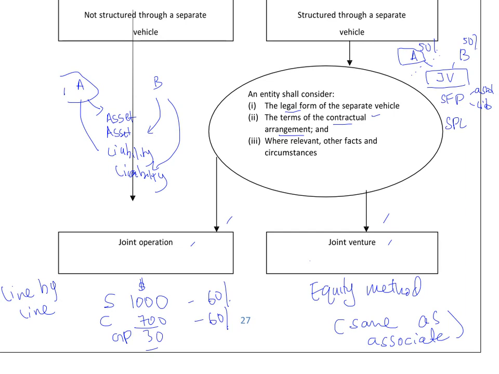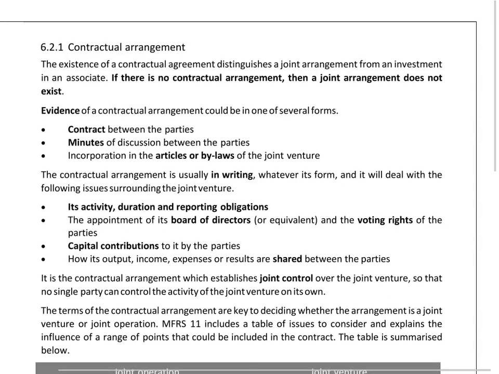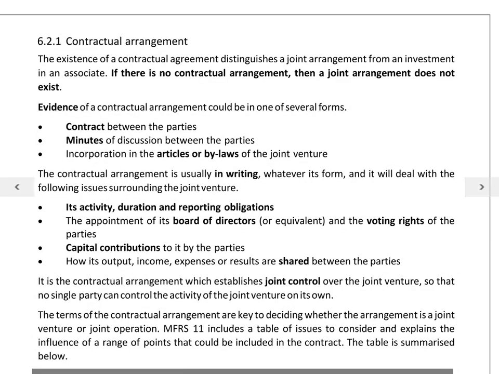Any question? 6.21, you can read, but I can tell you I'm not going to test you on theory. But I suggest you read through. Meaning, is this contractual arrangement very important to determine joint operation or joint venture? Yes. So that's why here they explain the contractual arrangement.